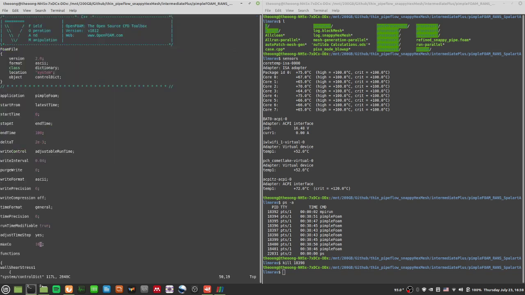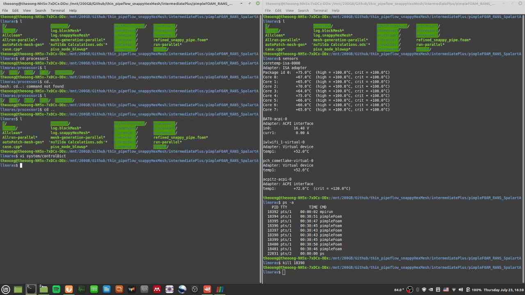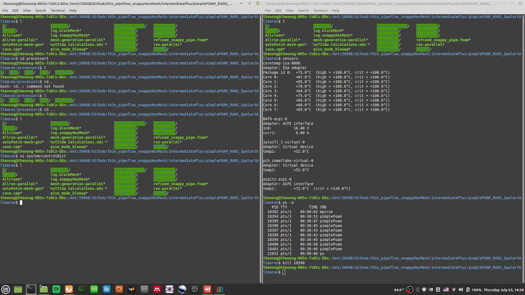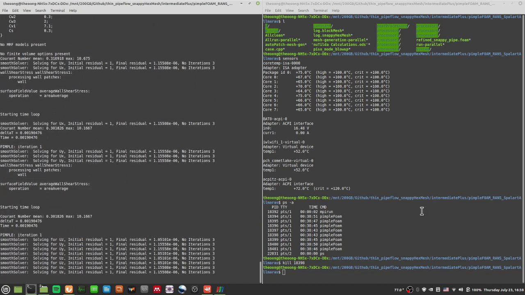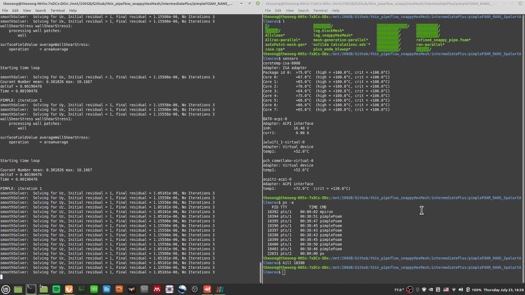So the other thing we can do is decrease the max Courant number, because maybe it's not meant to run at a Courant number of 100. So let's do again mpirun with 8 processes, pimpleFoam, and we'll run in the background. Oops, sorry, no, that's bad. Okay, ps.